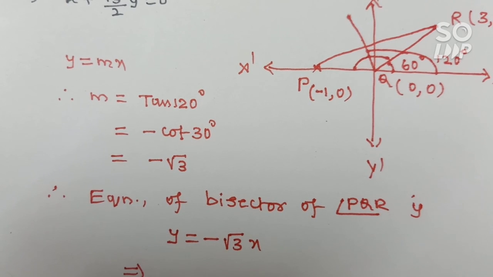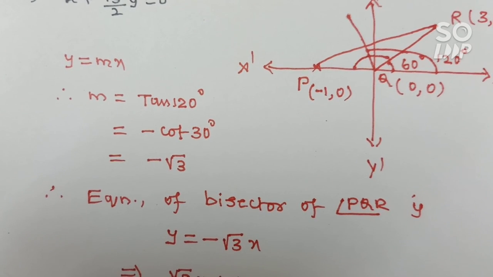That implies you can write root 3 into x plus y is equal to 0. So your correct answer is that C is the correct option.